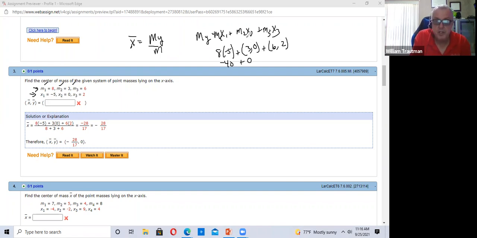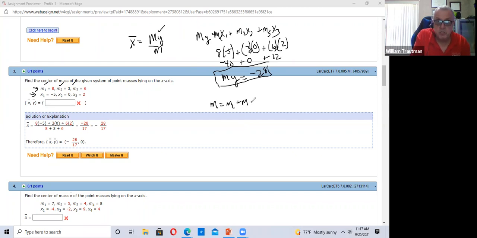He's supposed to be multiplying these together, 0, and this is 12. So we get a My of -28. -40 plus 12 is -28. So that's the top.